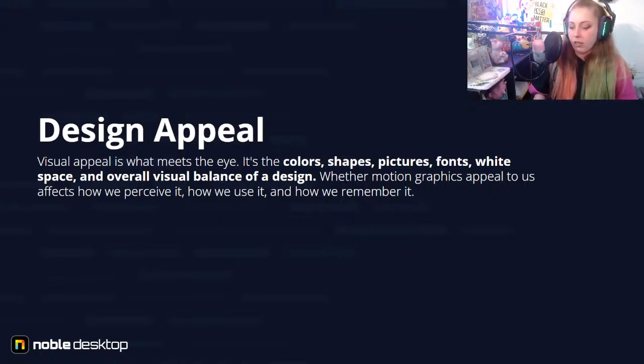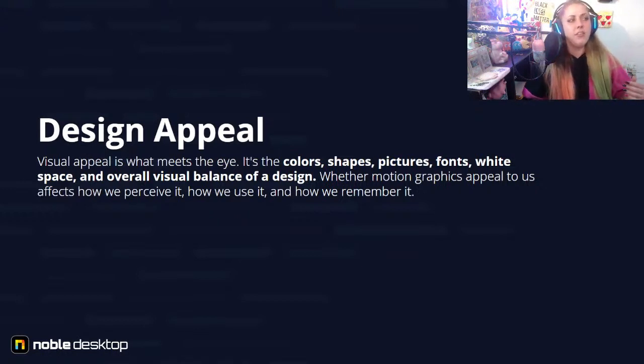The typography you choose is absolutely huge. Of course, your white space is going to be extremely important, and your overall visual balance is going to be important when you're compiling these things together. So we're talking about a wide variety of design fundamentals that you could use even on things that aren't necessarily in motion.